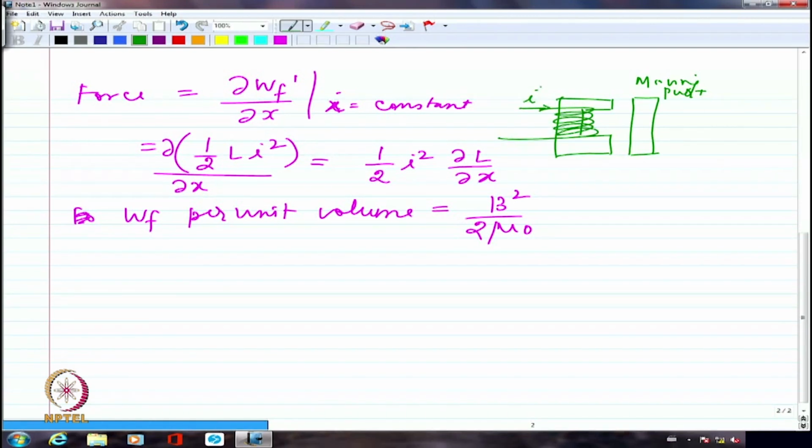At this point, we are talking about allowing the movement, and that too a slow motion. In that case, we are talking about how the force is evaluated for a given value of current.